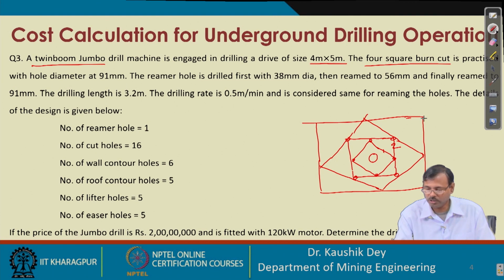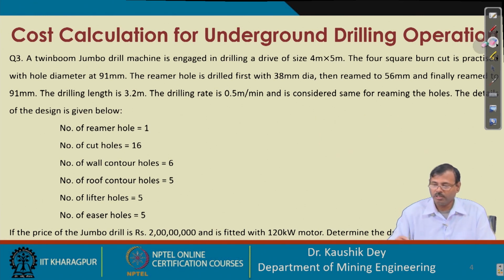So, all the corners are basically placed with the blast holes. That is why this is called a 4 square burn cut. So, this 4 square burn cut will be practiced in this mine.